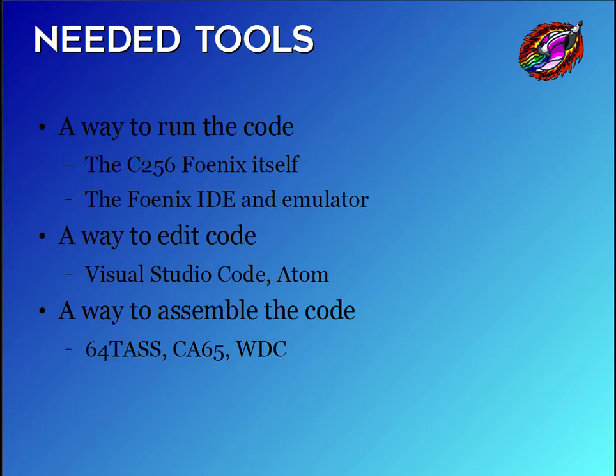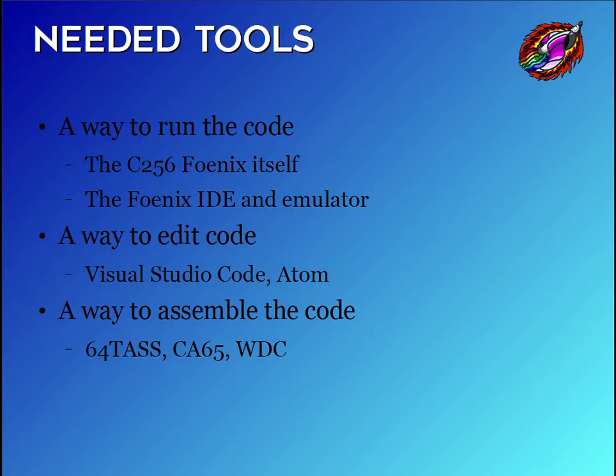If you don't have that and you do have a Windows 10 system, there is the Foenix IDE and emulator that is available from GitHub. I'll put a link in the description of the video below. That emulator provides most of the features of the Foenix and has the 65816 processor emulator built into it that runs pretty well, and you can use that to run test code and so on.